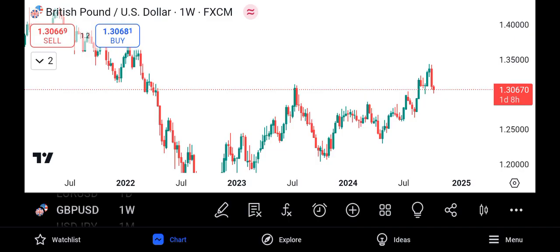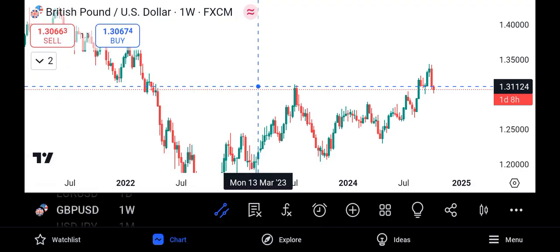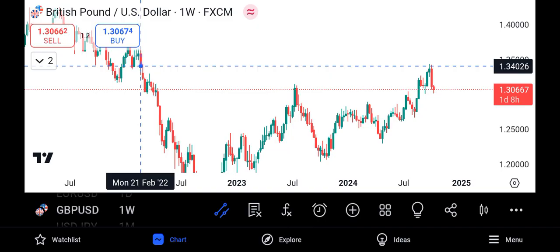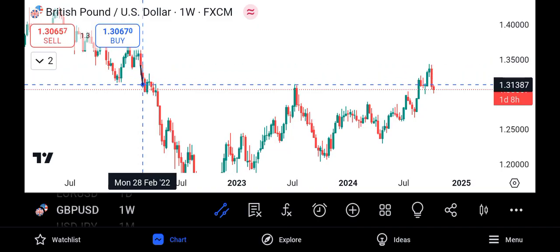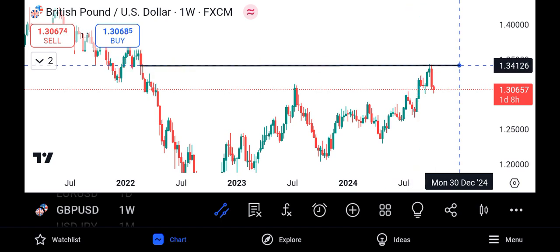This is what I saw on my weekly time frame. I saw an implied fair value gap on my weekly time frame, and if you are an ICT trader, you know that an implied fair value gap is very powerful.